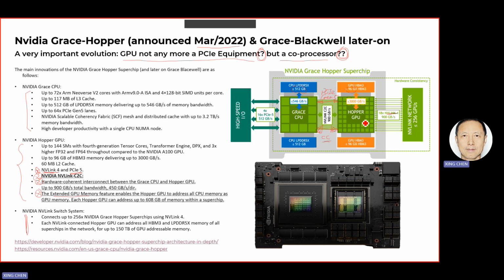So that means the GPU can access its own memory and also the memory of the CPU. So the total memory. This is called EGM, extended GPU memory. Okay, we are going to have a look at all these four features, and then we are going to draw a conclusion.